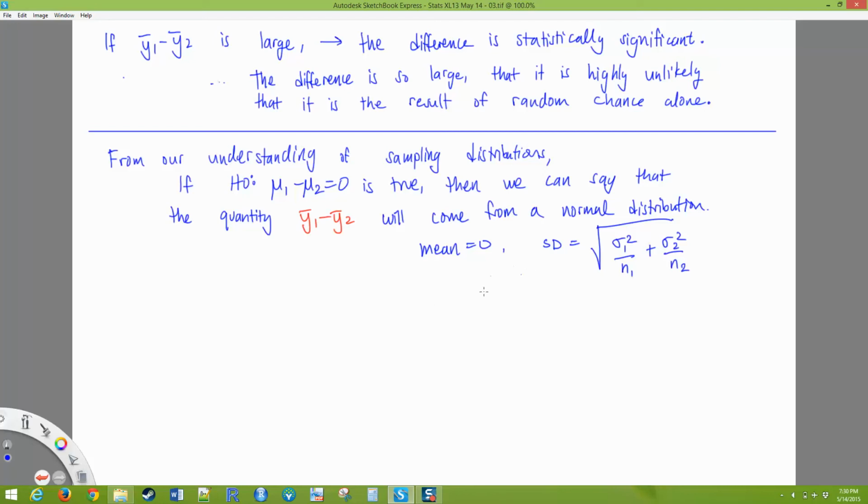Again, we do not know sigma 1 or sigma 2, so we will use S1 and S2 as substitutes.